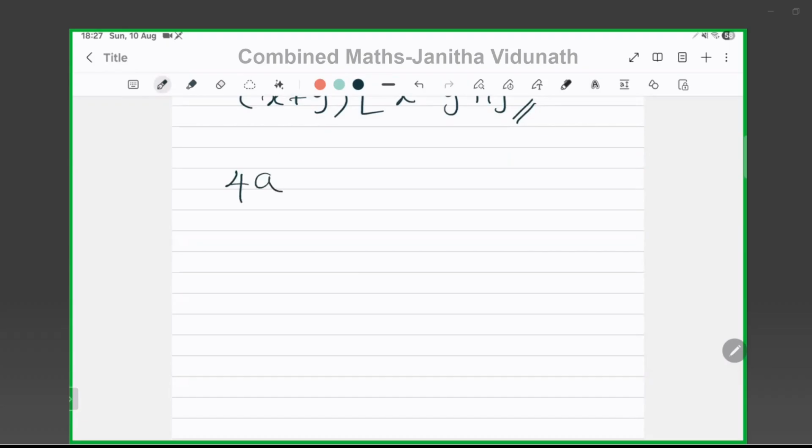This is a somewhat difficult question. First, I will give you about 2 minutes to try and send me the answers. This is the question: a square plus b square minus x square plus 2ab. Try this question and send me the answer. Factorize this.